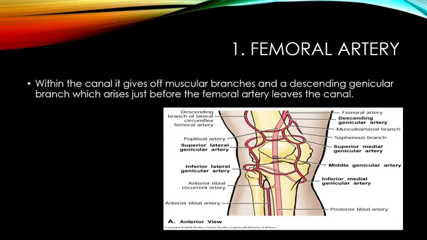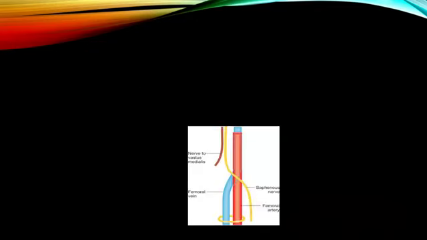Within the canal, it gives off muscular branches, that is, various branches to the muscles, and also a descending genicular branch which arises just before the femoral artery leaves the canal. Here we can observe the descending genicular branch given off by the femoral artery just before the adductor hiatus.